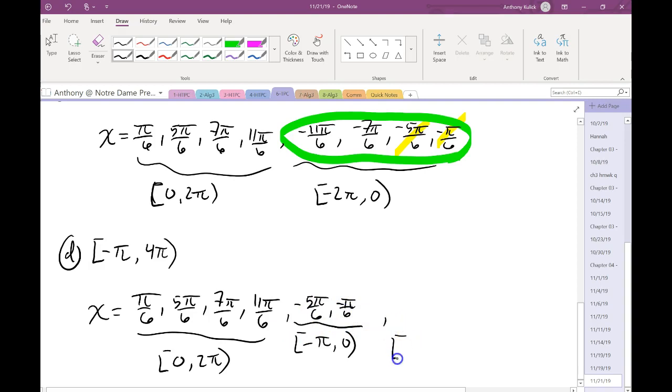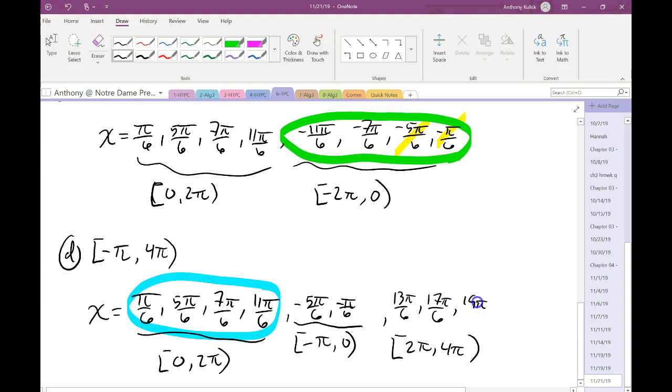And then the last part that I have to worry about is the part from 2 pi to 4 pi. How do I find those answers? Yeah, I'm going to add 2 pi to our answers from part A. So that's going to give me 13 pi over 6, 17 pi over 6, 19 pi over 6, and 23 pi over 6.